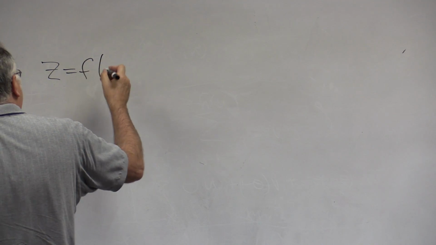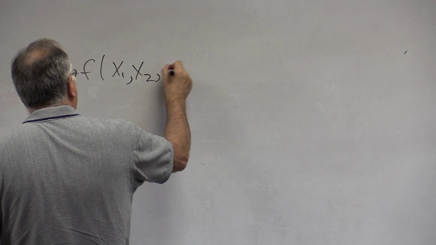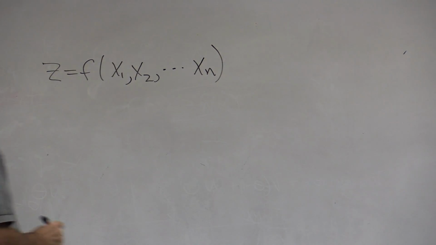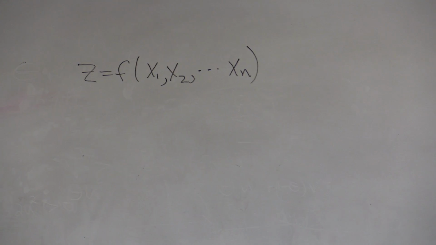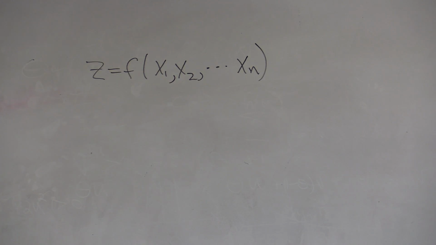A twice continuously differentiable function, z equals, I'll write this part. We're dealing with this case right here. Z is a function of x1, x2, ... xn. And let's assume this function is differentiable everywhere, twice differentiable everywhere. So all the second derivatives exist.